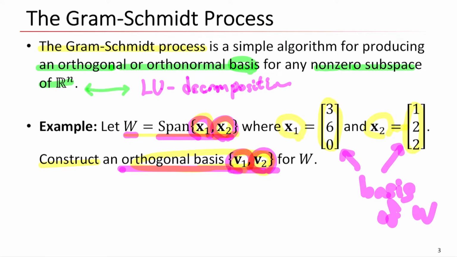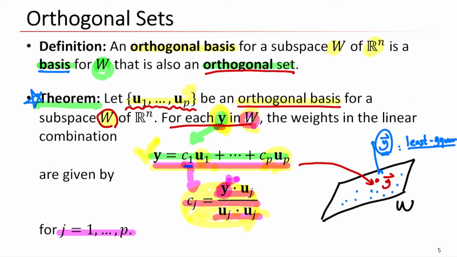Before starting, what is an orthogonal basis? If you go back to our lecture 9.2, there was the definition of the orthogonal basis. An orthogonal basis for a subspace W is a basis for W that is an orthogonal set. What is an orthogonal set?